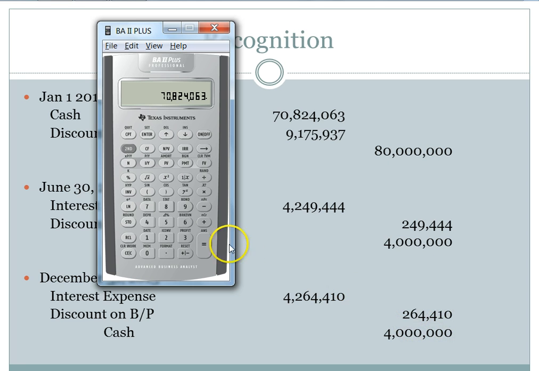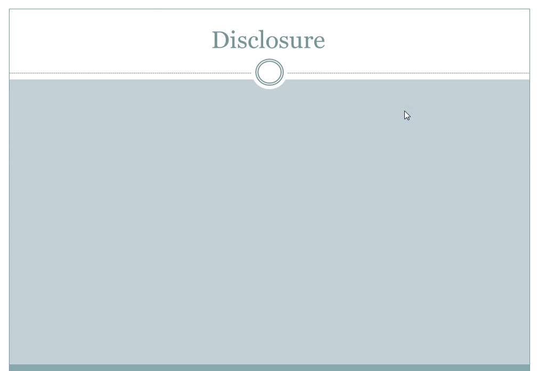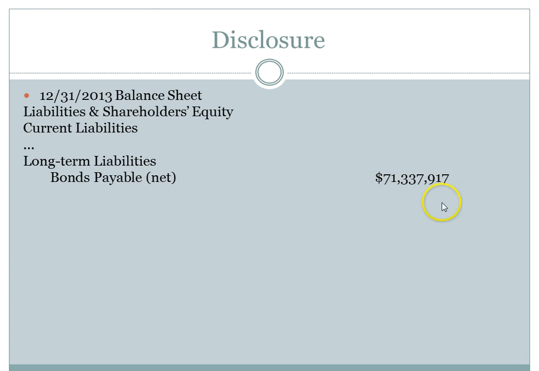Then I increased it by $264,000. So I can add those amounts in. 264,410. And so now, as of December 31st, my book value is $71,337,917.